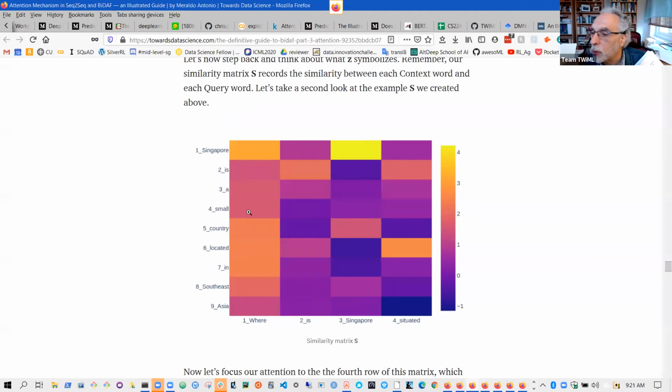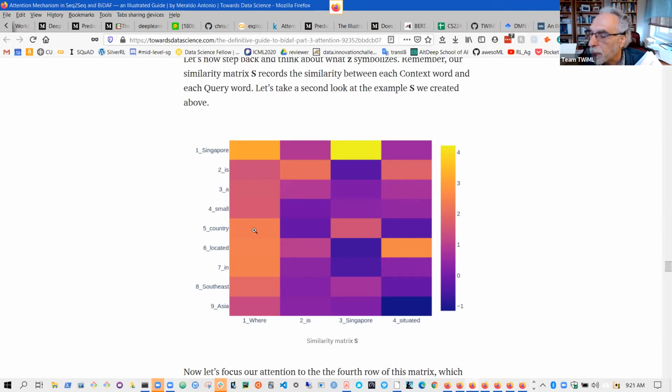M sub 4 is going to be this element here of the similarity matrix, okay? Then for the next word, country, we're again going to look for a maximum over this row, in other words the row of similarity matrix elements corresponding to all the question words.